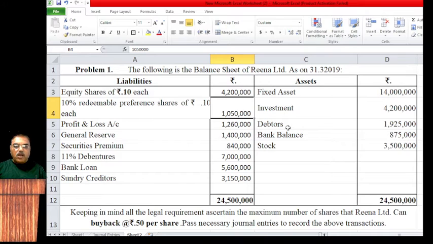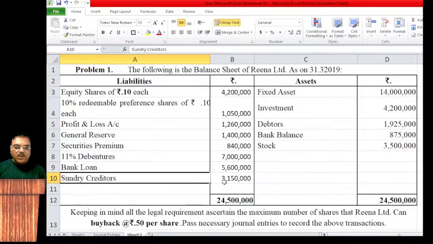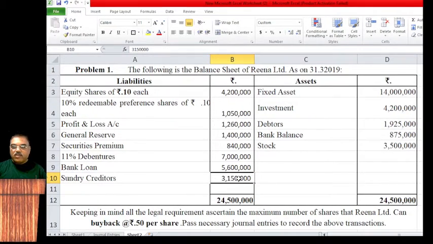Profit and loss account 12,60,000. General reserve 14 lakh. Security premium 8,40,000. 11% debenture 70 lakh. Bank loan 56 lakh. Sundry creditors 31,50,000.